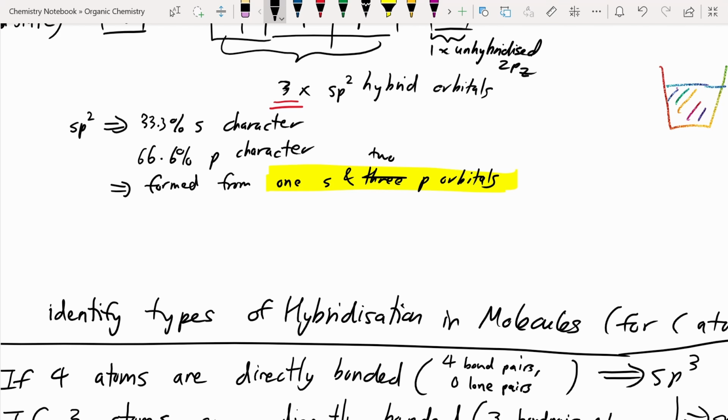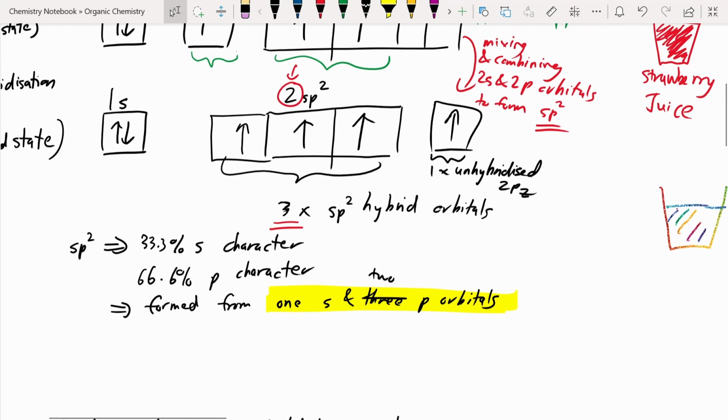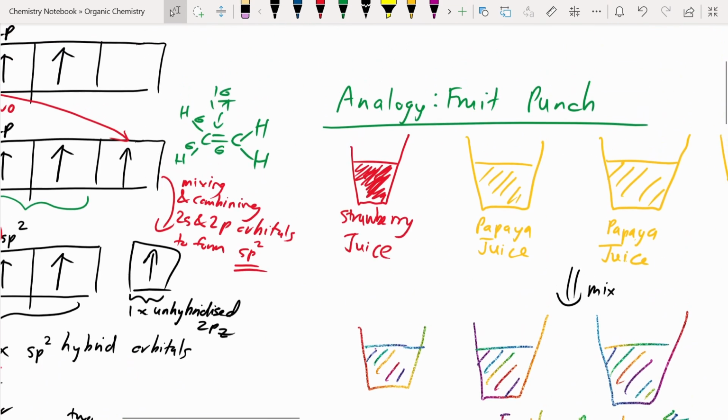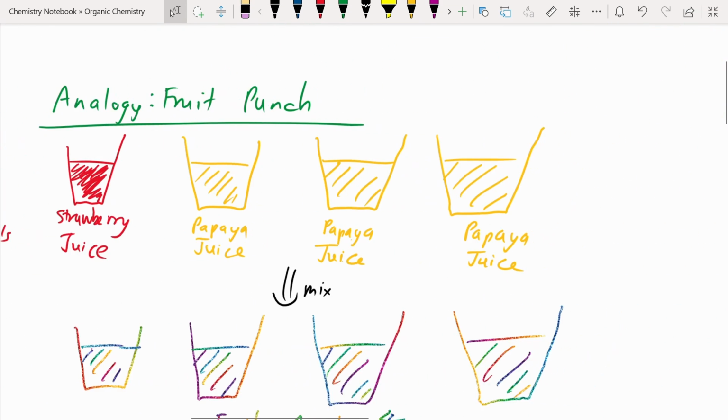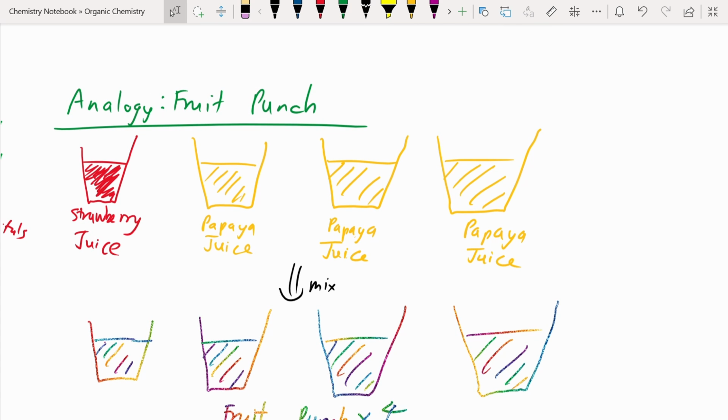Now if you go back to our fruit punch analogy, imagine one of your 4 friends is allergic to strawberry juice.